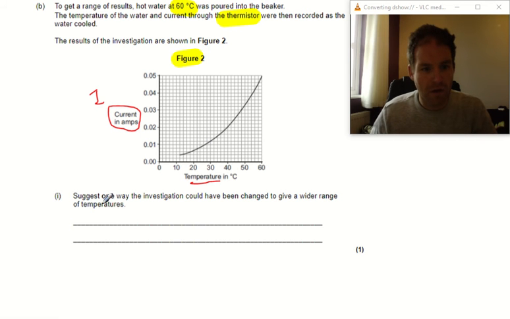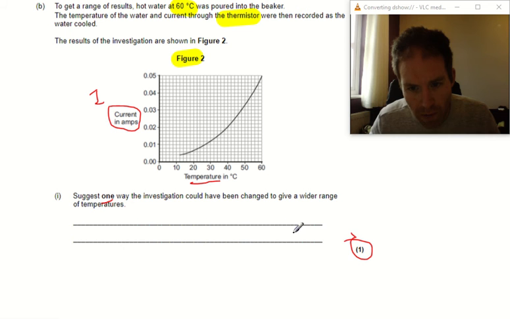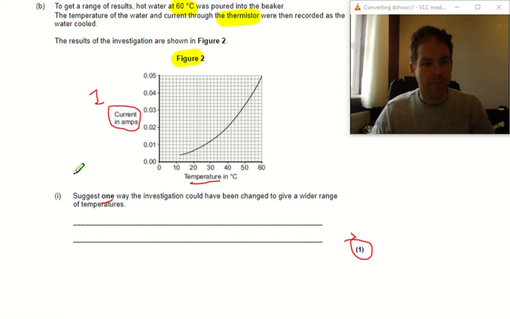So suggest one way the investigation could have been changed to give a wider range of temperatures. That's worth 1 mark.